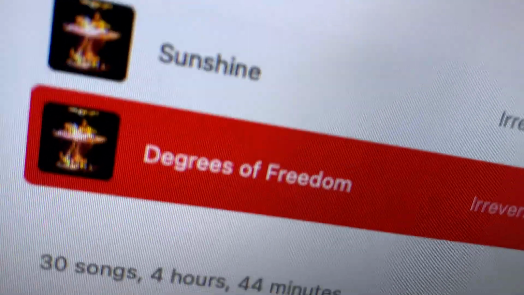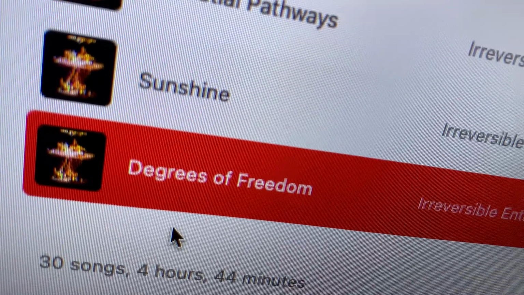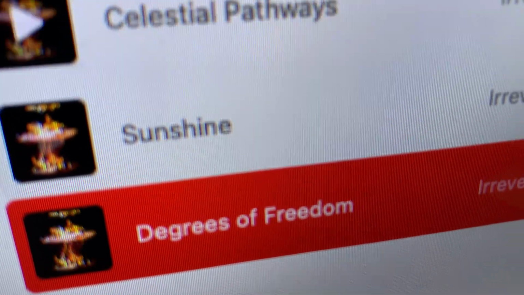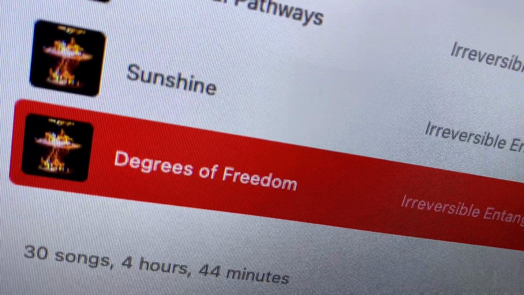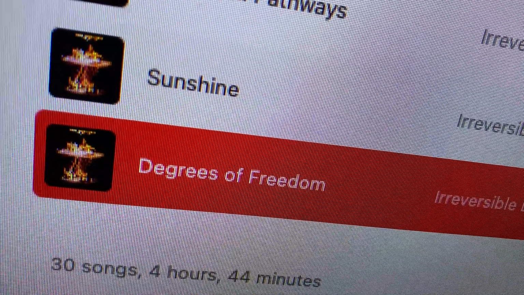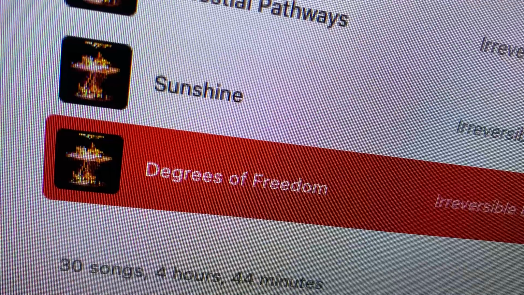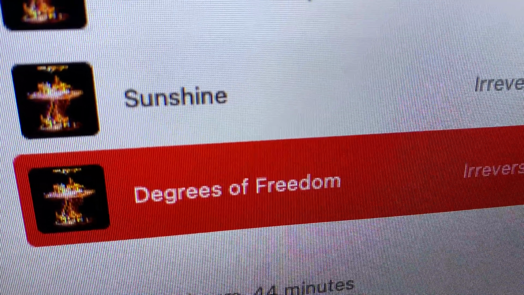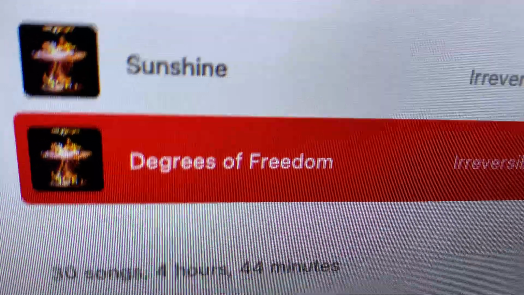And of course, degrees of freedom in this set, Irreversible Entanglements by Moor Mother, is a metaphor for this scientific concept, or I don't know what scientific concept that is. Anyway, it's a structure of parameters that's used in a number of different scientific discourses.